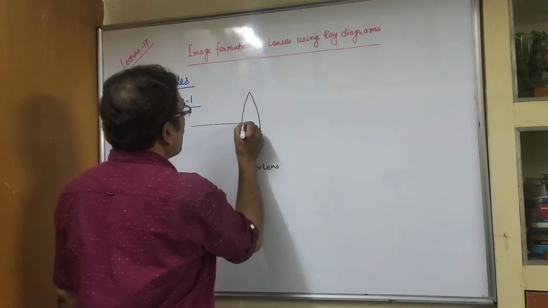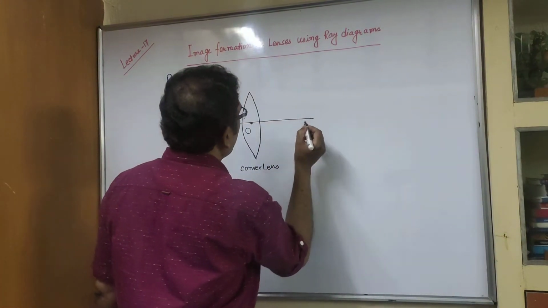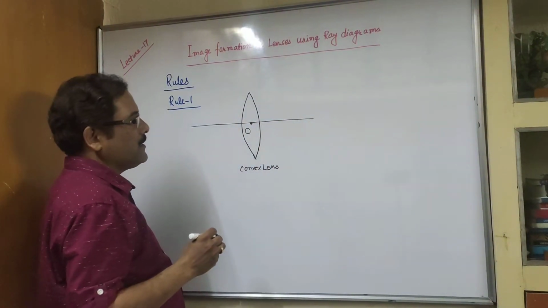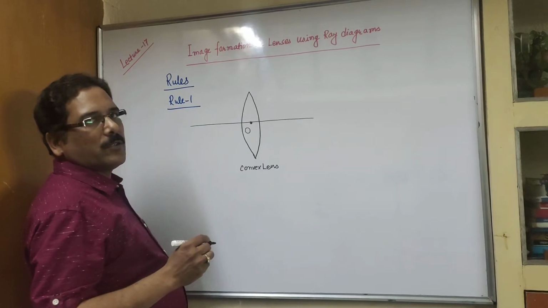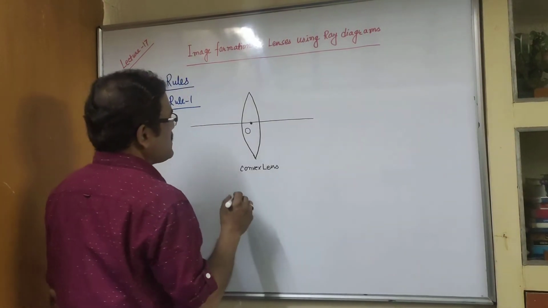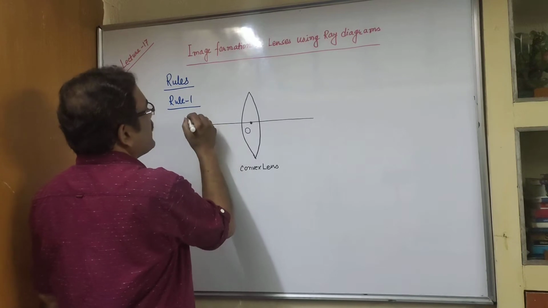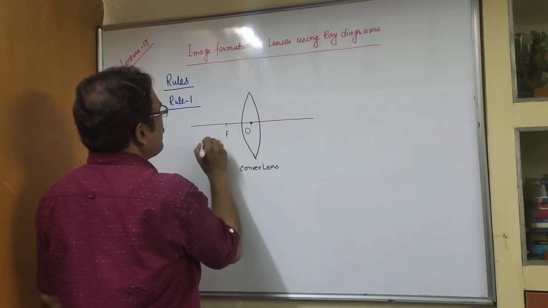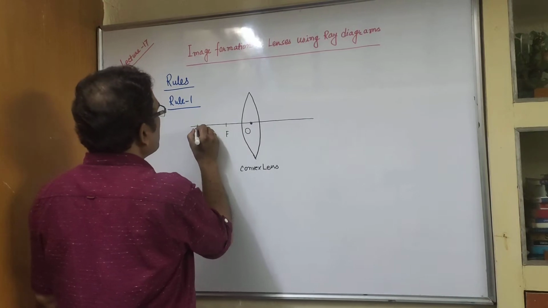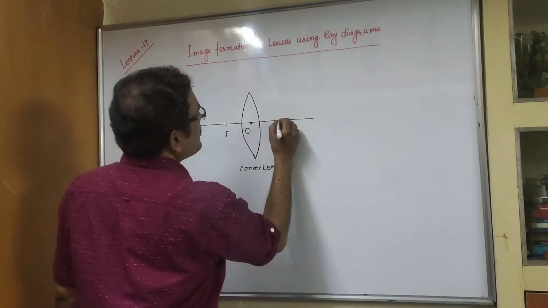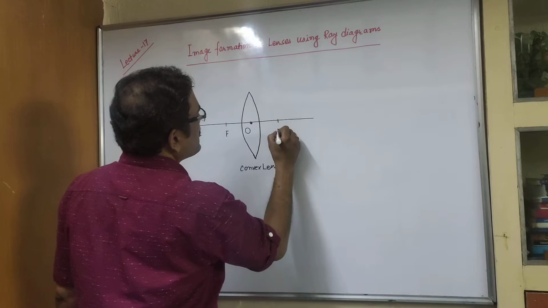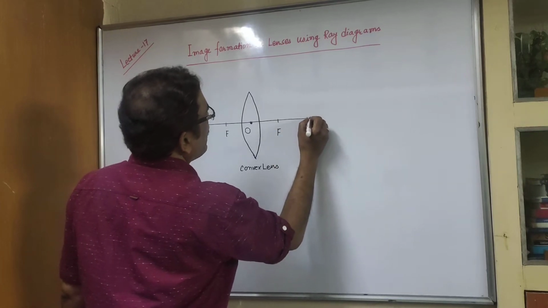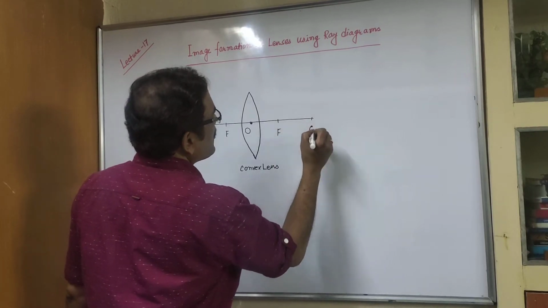Then draw a horizontal line through the optical center of the lens, and this line is known as principal axis. Now mark the points. Let this be F, this point is C. On the right side also you mark the point principal focus and center of curvature.